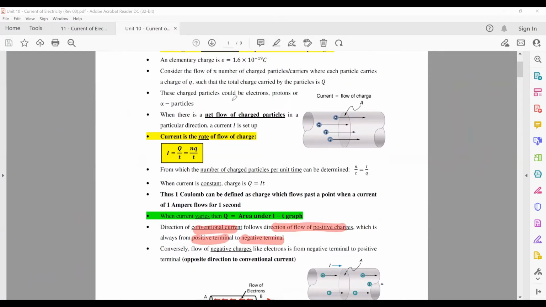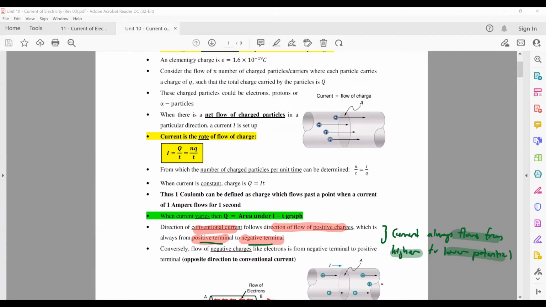What we'll just mention here is that current always flows from higher to lower potential. The reason why current will always flow from the positive terminal of a battery to the negative terminal of a battery is mainly because it tends to flow from higher to lower potential.